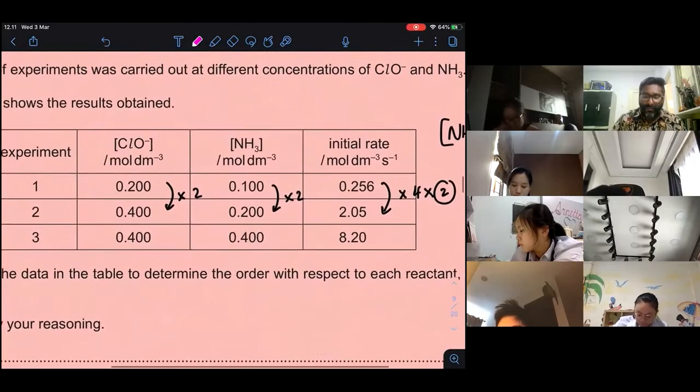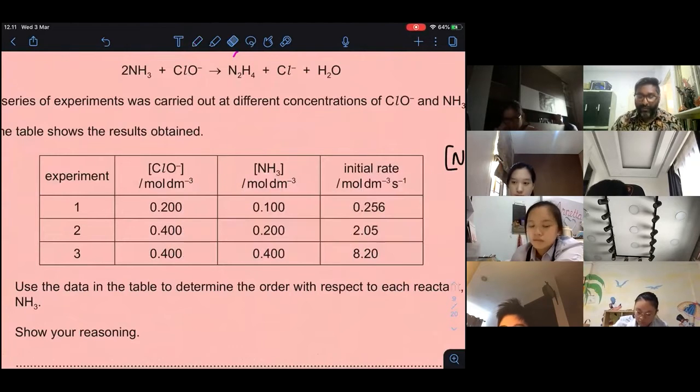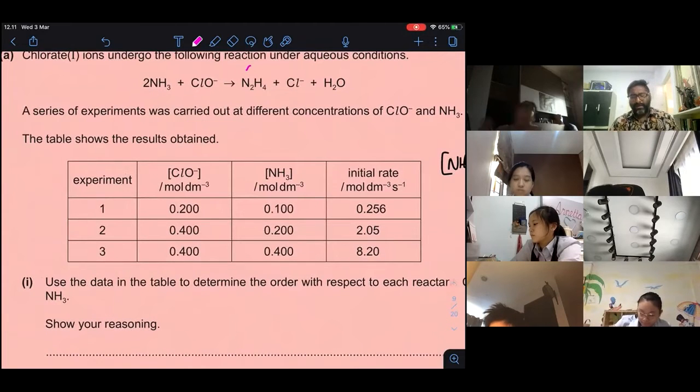Why? Because when you want to find out the rate equation, you just compare. One concentration must be constant, so that I can measure.